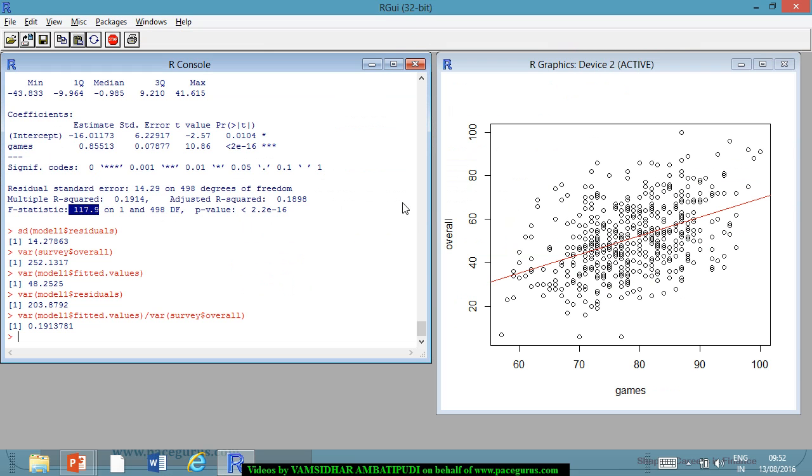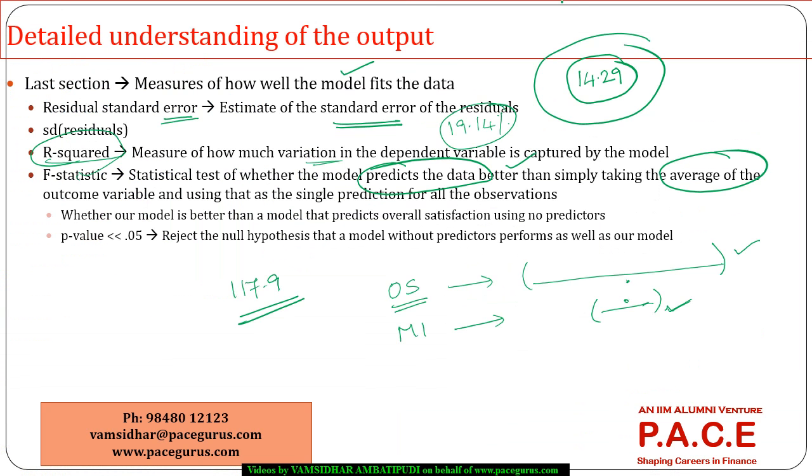My model is y equals a plus bx. Now, if the model is nowhere better, it's as good as saying b is 0. So it is y equals a, and the predicted value is just a constant, which is the average of the values.